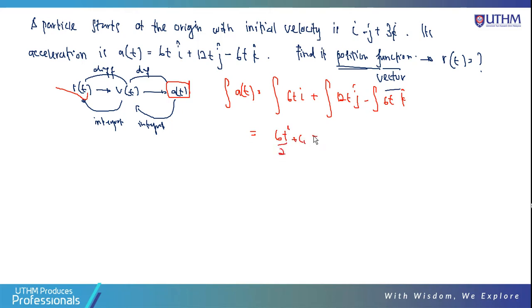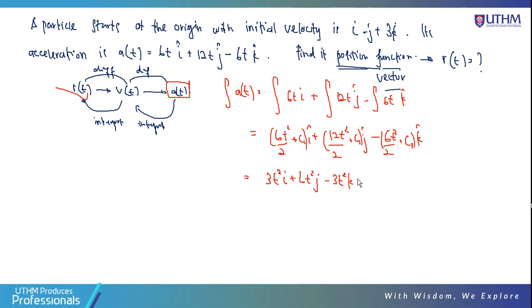This one 12t power 2 over 2 plus C2. This one minus 6t square over 2 plus C3. Okay, so this one has the i, this one j, and this one k. So you simplify: 3t power 2 i plus 6t power 2 j minus 3t power 2 k plus C.